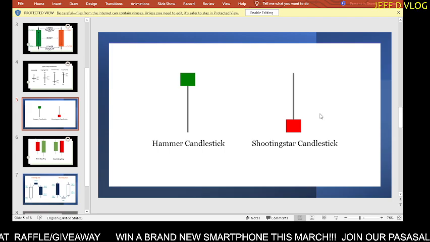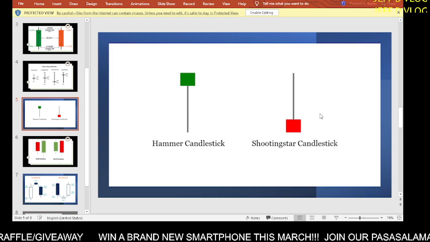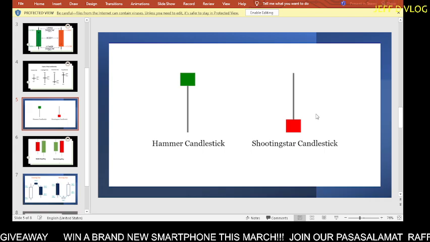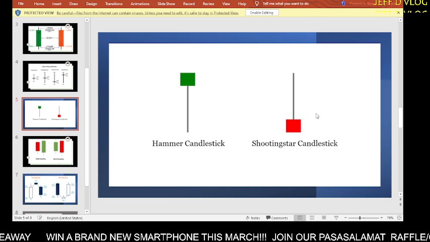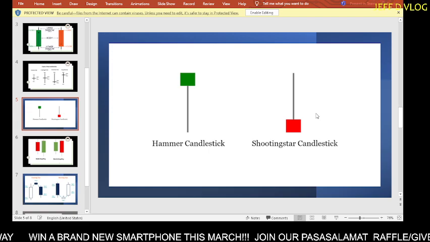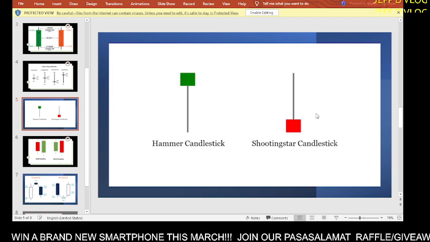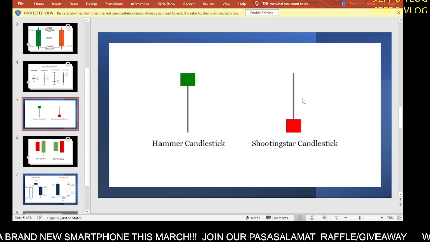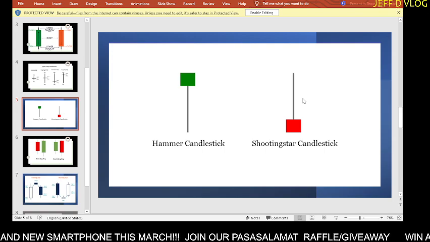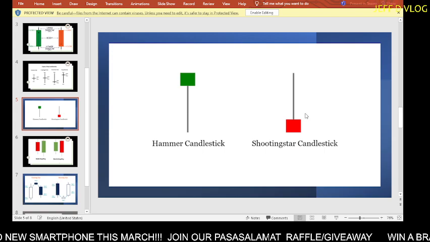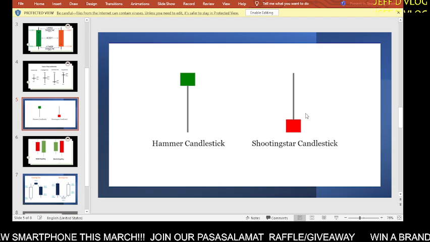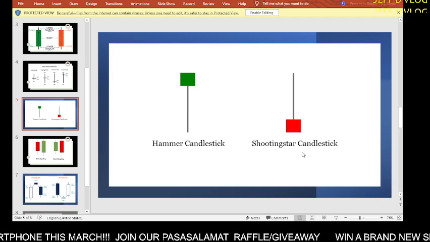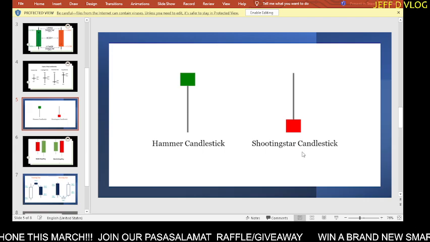While at the bottom of a downtrend, the inverted hammer is typically considered a bullish signal. So remember, at the peak of an uptrend, the shooting star is typically considered a bearish indicator, while at the bottom of the downtrend, the inverted hammer is typically considered a bullish signal.